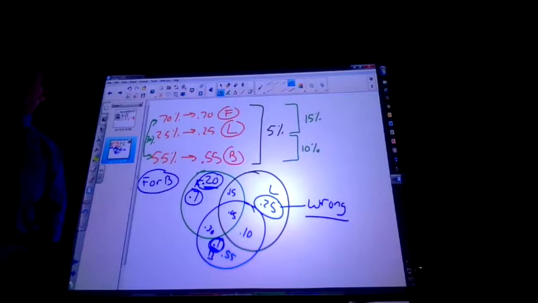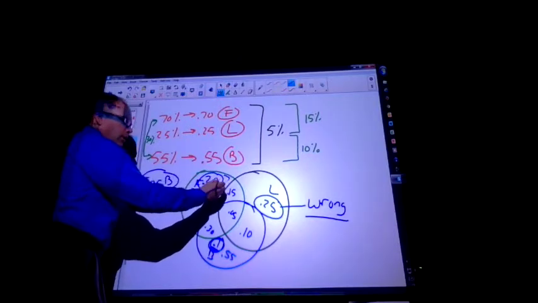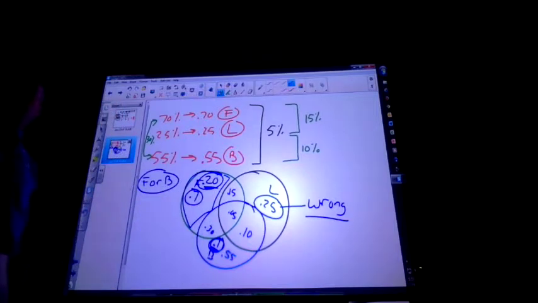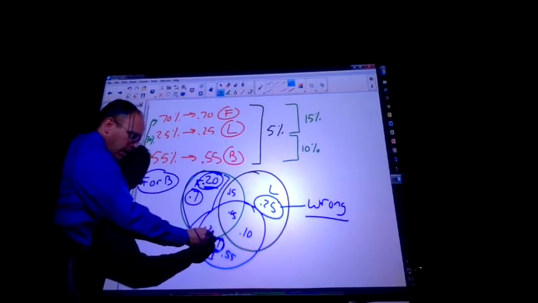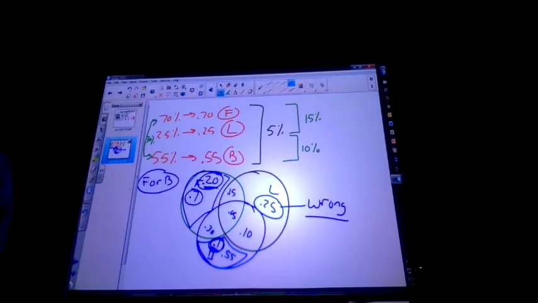I see what you're doing, and I agree with what you're saying. But because it's an or, this region right here is the 20%, and this region right here is the 0.1 or the 10%. So I think we could say 30% would choose to do that, because then we're eliminating the ands and the alls.